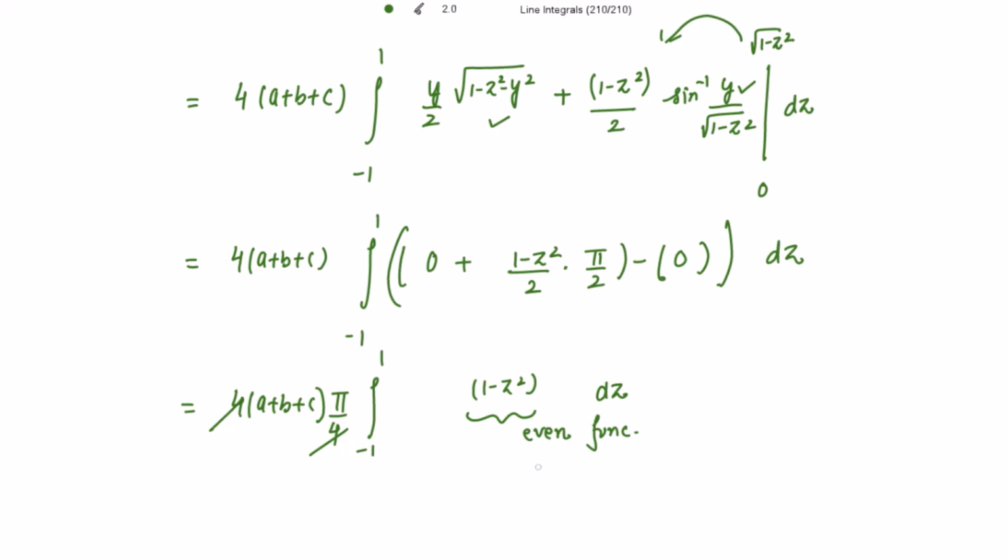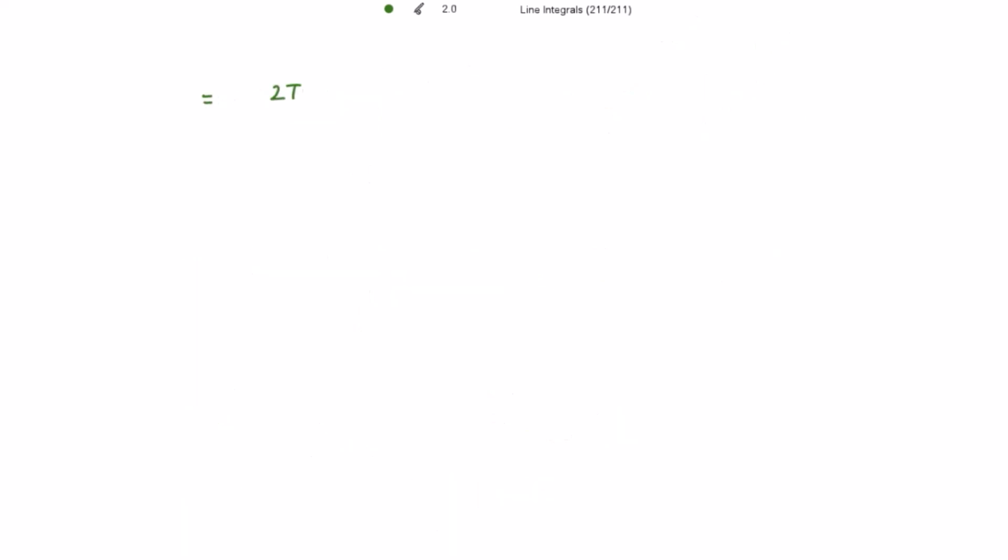And for even functions with the same limits with opposite sign, this integral becomes twice the integral of 1 − z² dz, but the limits are from 0 to 1. So this is equal to 2π (a + b + c), integral of 1 − z² dz, and the limits are from 0 to 1.